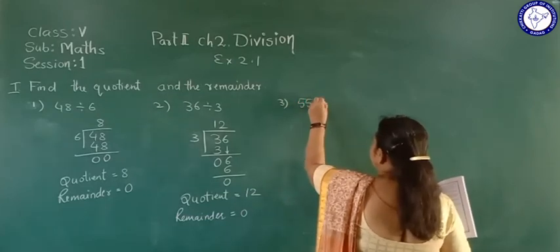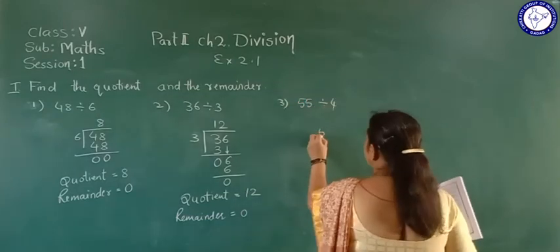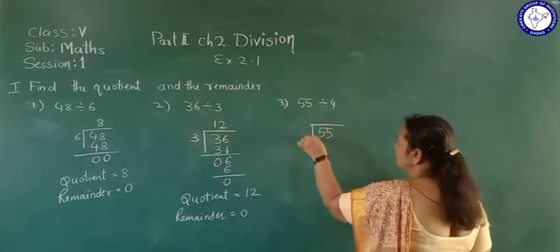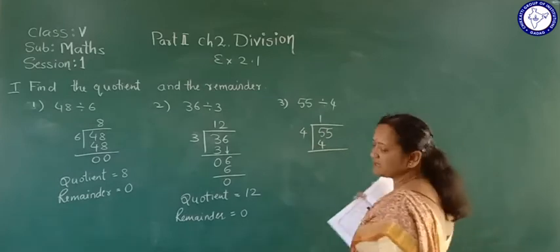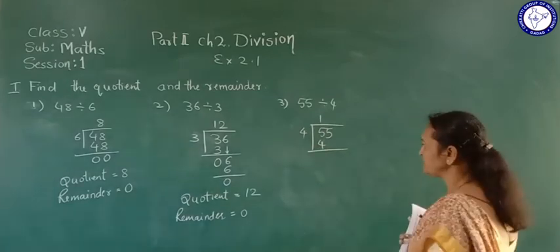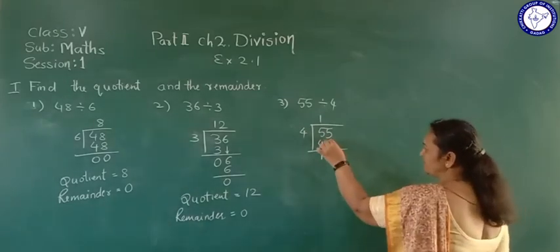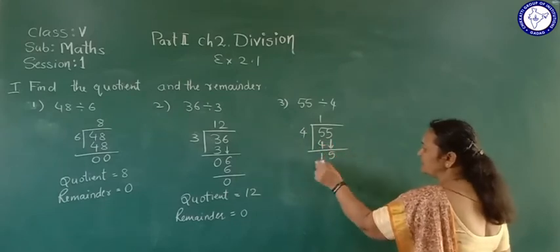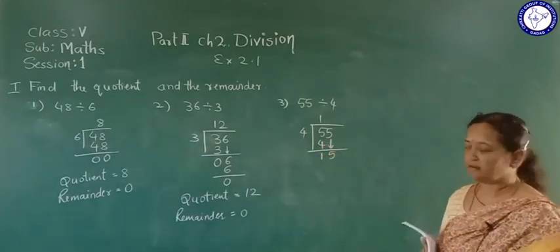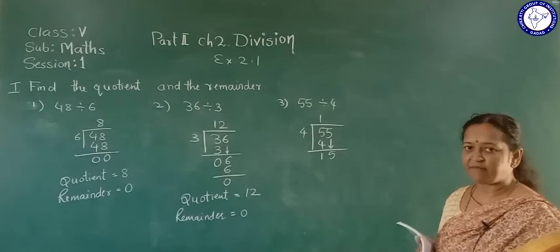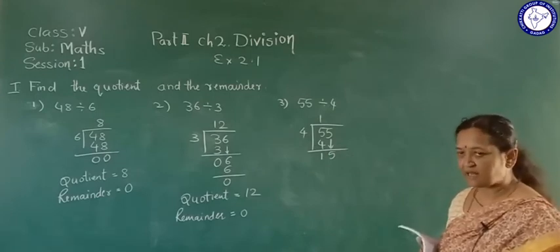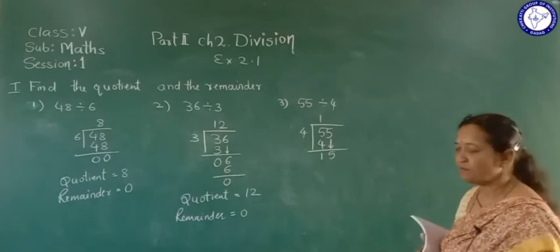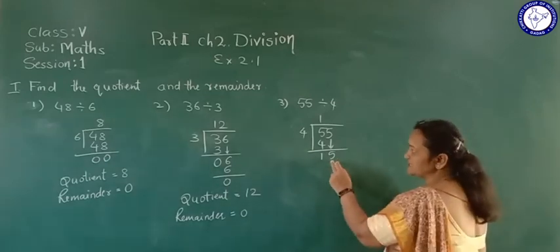Then the third question is 55 divided by 4. Here 55, divide it by 4. 4 ones are 4. 5 minus 4 is 1. Now bring down this 5 here, and we get 15. Then in the 4 table, where do we find 15? 4 ones are 4, 4 twos are 8, 4 threes are 12. And 4 fours are 16, which is more.